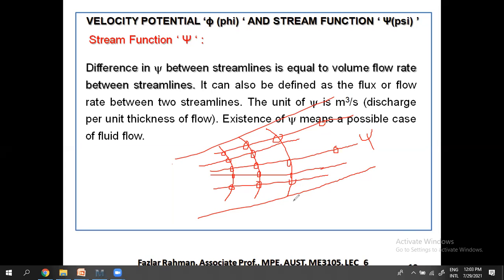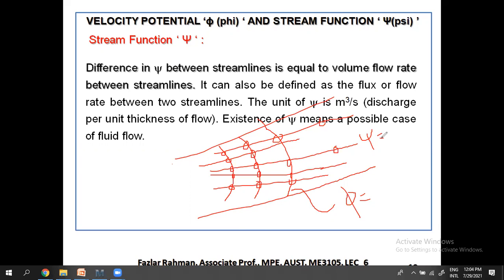Velocity magnitude will be the same at all locations. So how will we figure out this line? This line is phi. So if I know the equation of phi and the equation of psi, then I can plot it. Then you can see the nature of the flow.